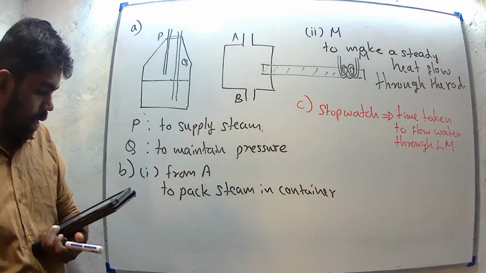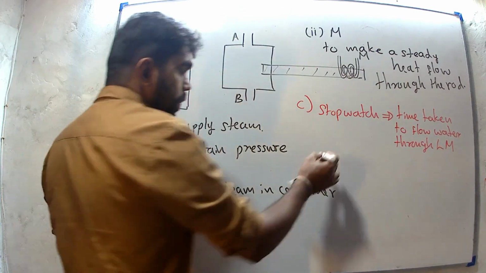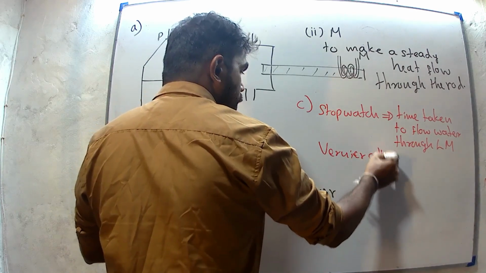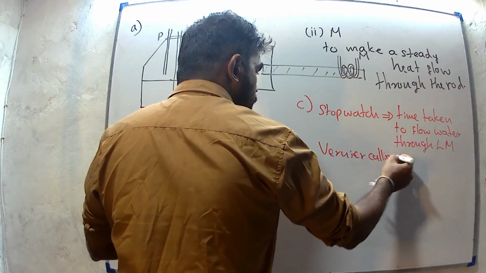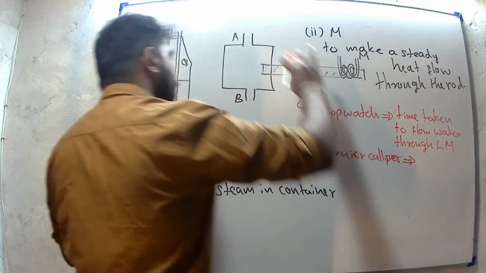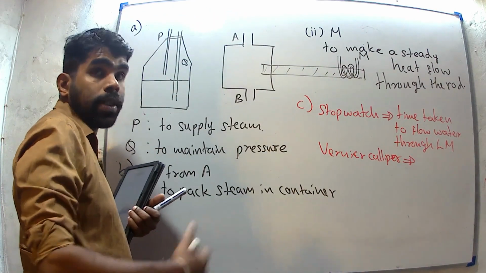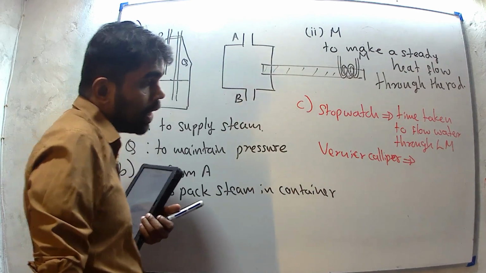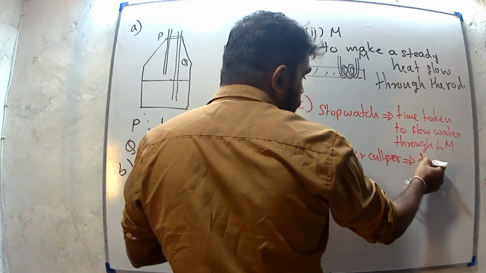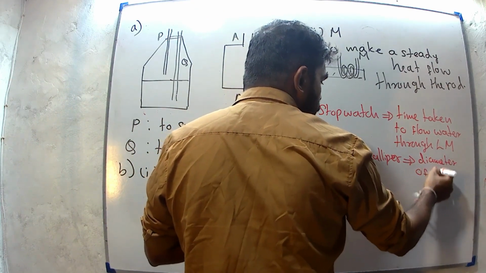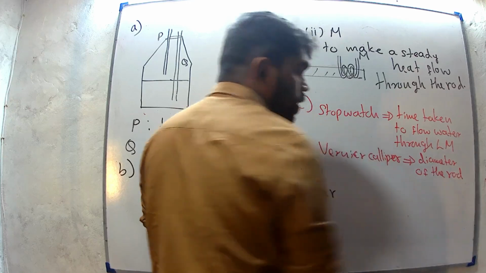And the second instrument is a vernier caliper. Because we have to calculate the cross-sectional area of the rod. To calculate the cross-sectional area of the rod, we have to measure the diameter of the rod. It is the second one.